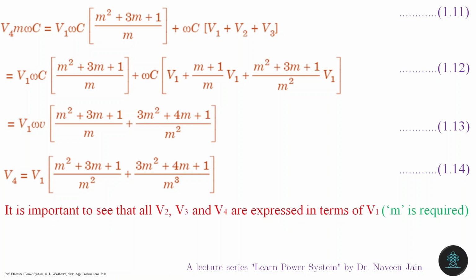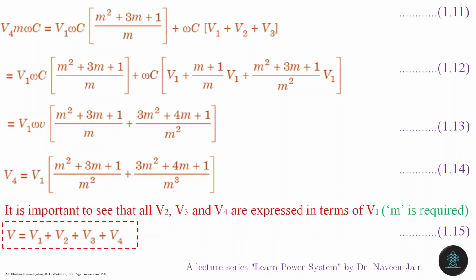See, voltages V2, V3 and V4 are expressed in terms of V1. Having substituted V2, V3, V4 here, we have an expression solely in terms of V1. So, we can determine V1 in terms of V, the voltage of the power conductor.